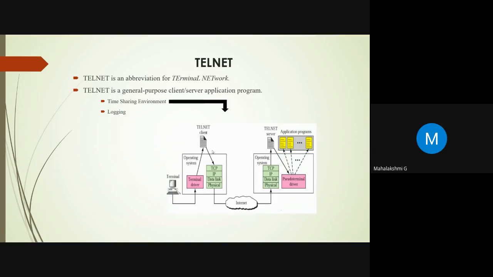So the command or text in NVT, that is network virtual terminal format, is going to travel through the internet, and then it will arrive at the TCP/IP stack at the remote machine.